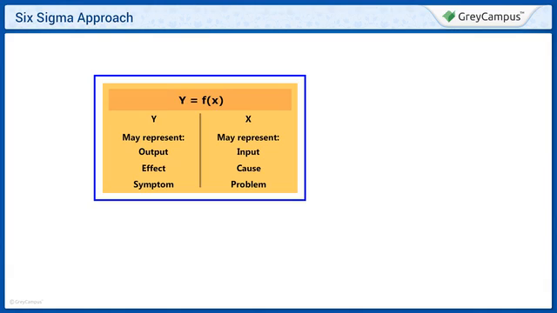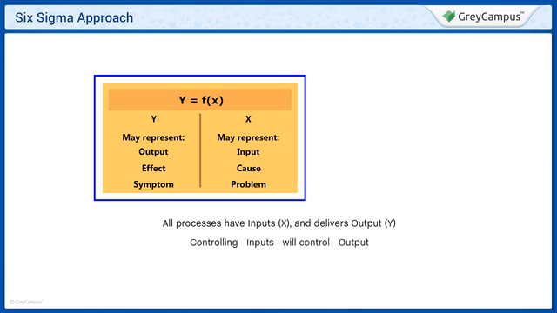Collectively, it is referred to as DMAIC. Any process which has inputs, X, and delivers outputs, Y, comes under the purview of the Six Sigma approach. The Y equals f(X) thinking methodology postulates that exercising control on input will accrue as control on output.